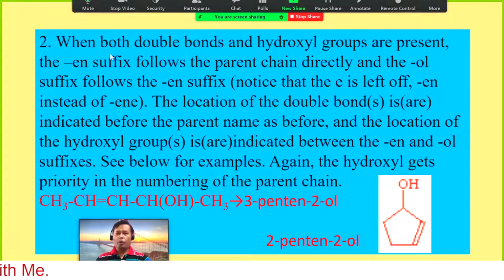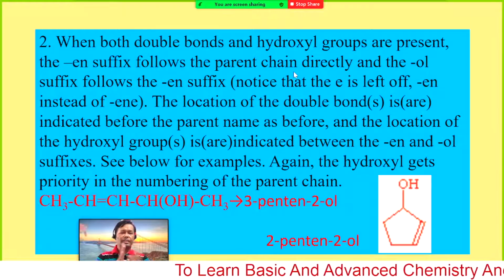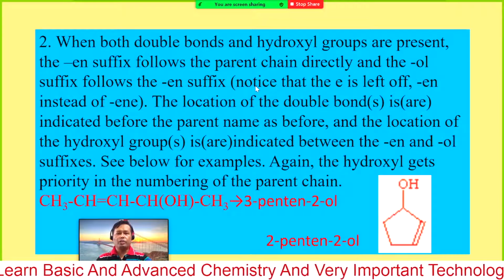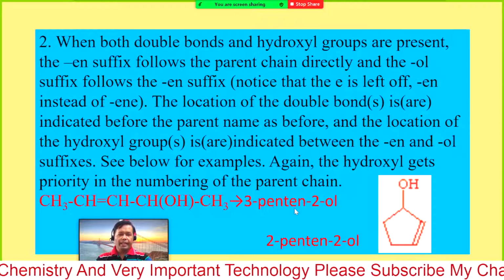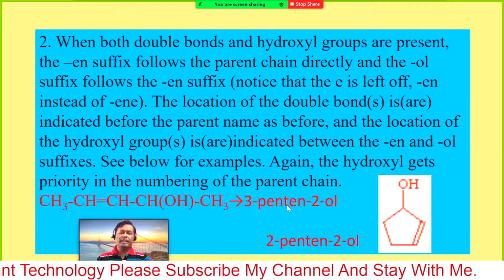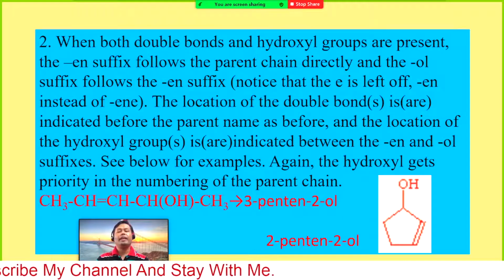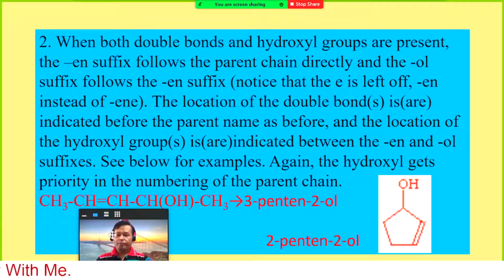So how do we name the suffix or prefix? When both double bonds and hydroxyl groups are present, the en suffix follows the parent chain directly. Here you can see the name pentene, because we have a double bond and 5 carbon atoms.